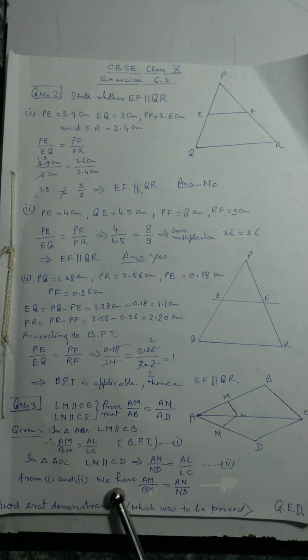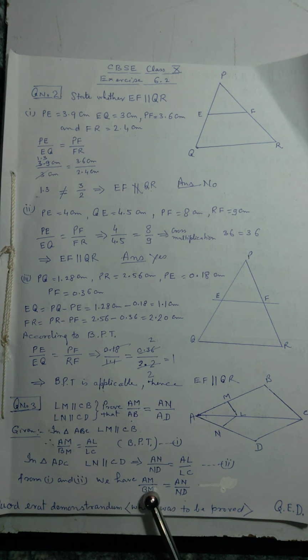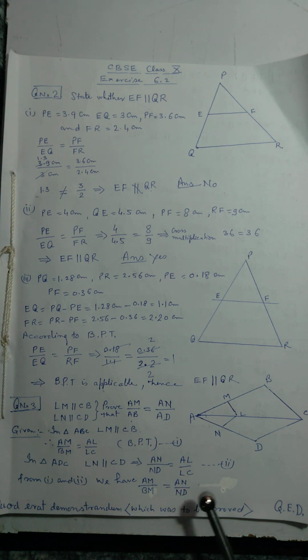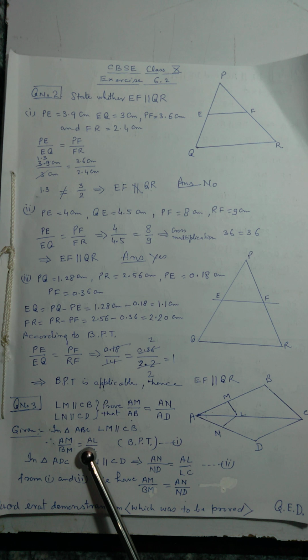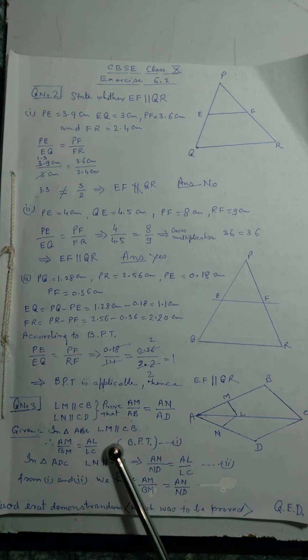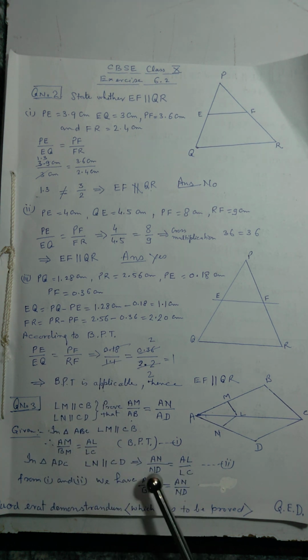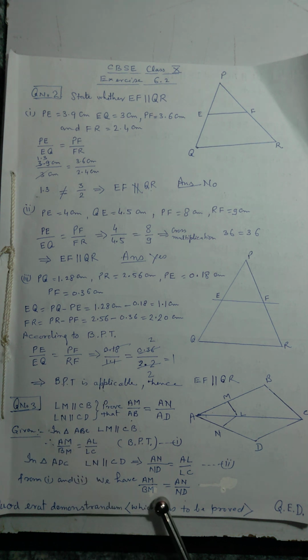From 1 and 2, we have AM by BM is equal to AN by ND. Just compare these two equations, you will find the AL upon LC, that is right hand side, RHS, both are same. Therefore, our left hand side should also be equal.